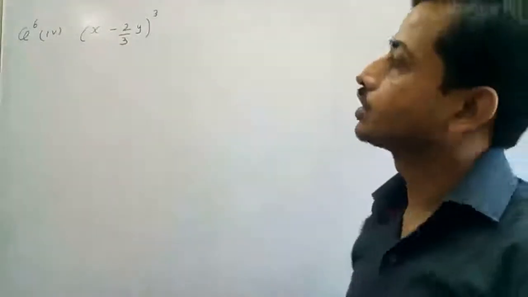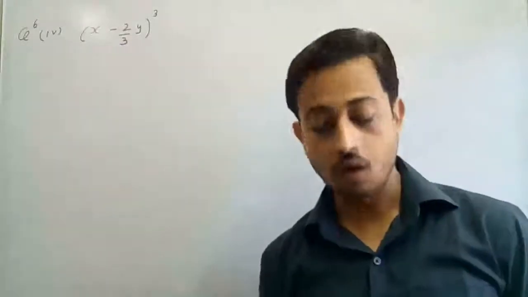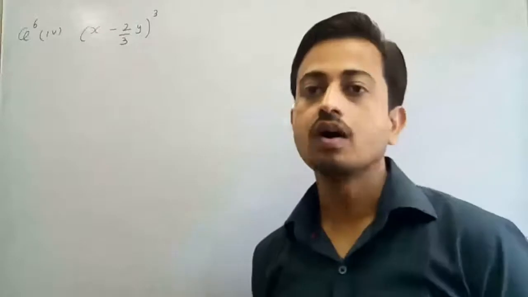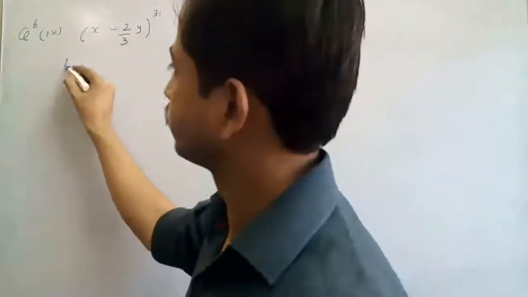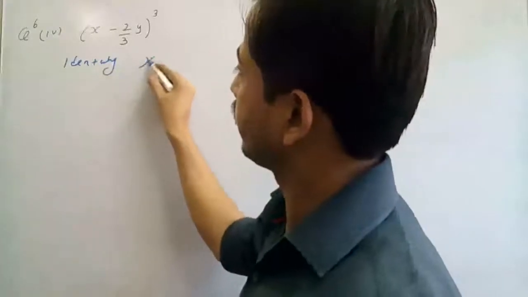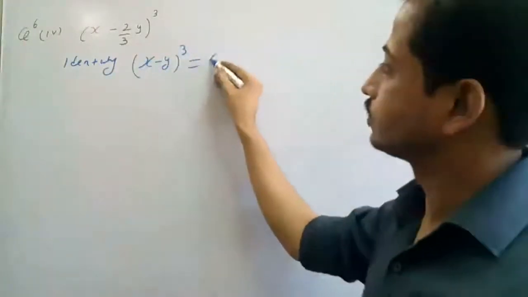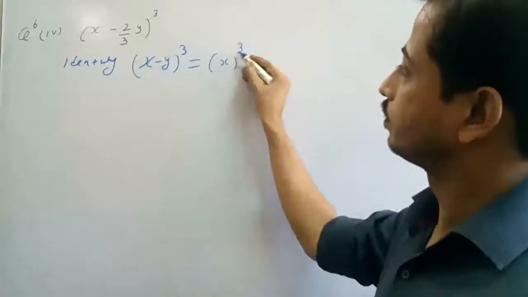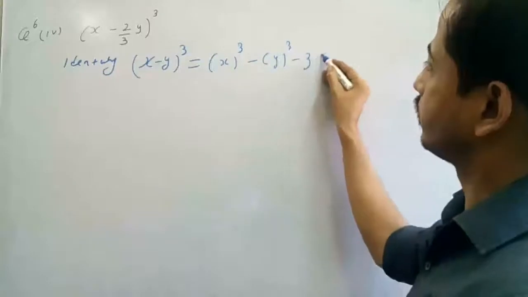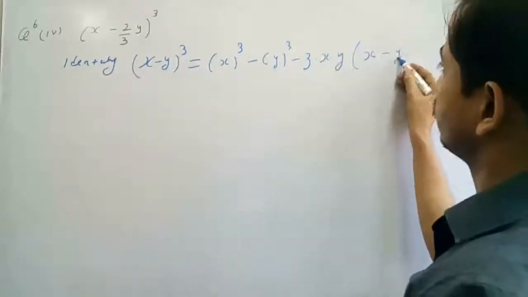Now question number 6 part 4, (x minus y) whole cube. So we have to apply the identity. (x minus y) whole cube is equal to x cube minus y cube minus 3 multiply x multiply y, bracket x minus y.